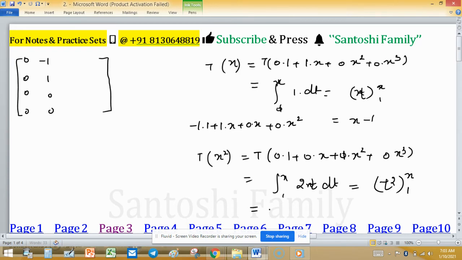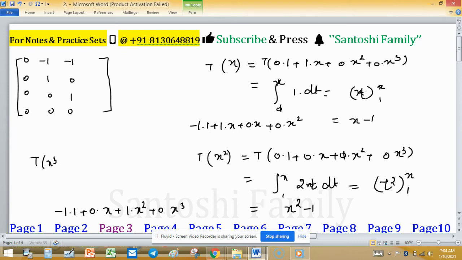So it will become x square minus 1, and can be written as minus 1 into 1 plus 0 into x plus 1 into x square plus 0 into x cube. So our third column is minus 1 0 1 0.